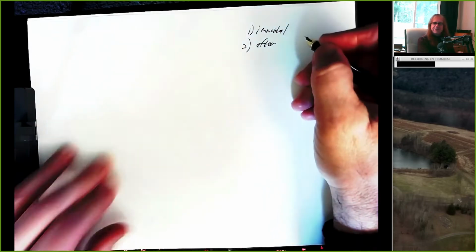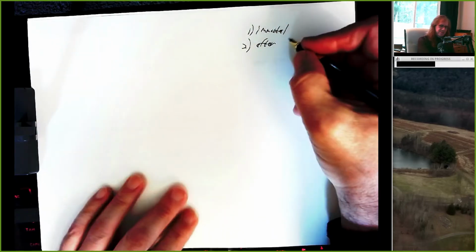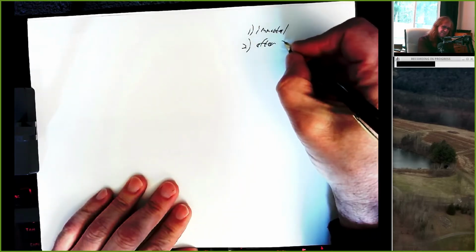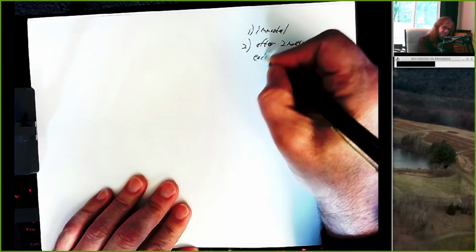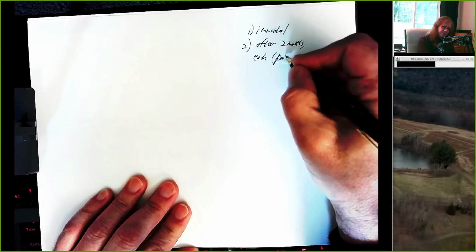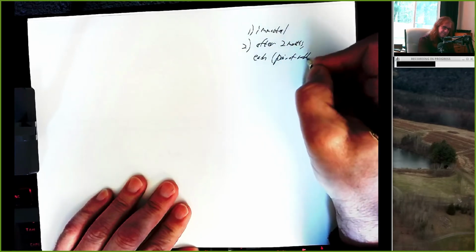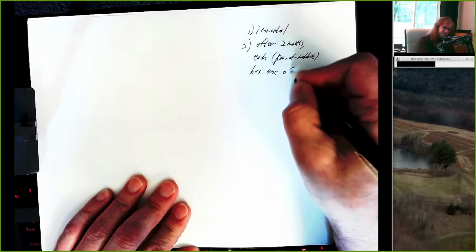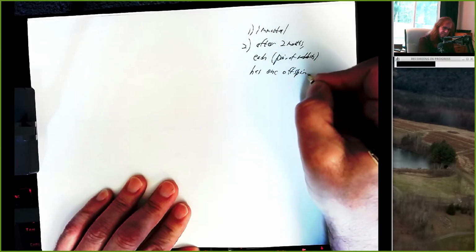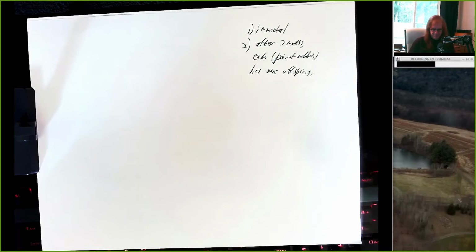I'm going to look at this population month by month, and I'm going to use the following simple rule. After 2 months, each rabbit or each pair of rabbits has 1 offspring. So a newborn rabbit doesn't reproduce.